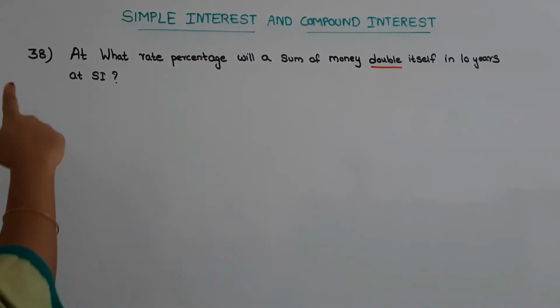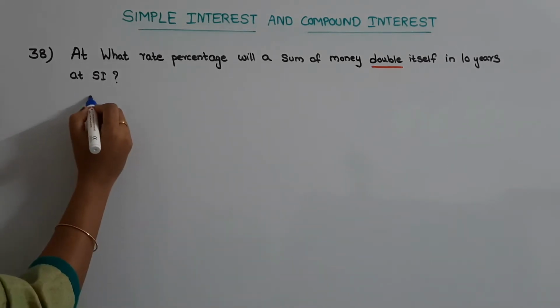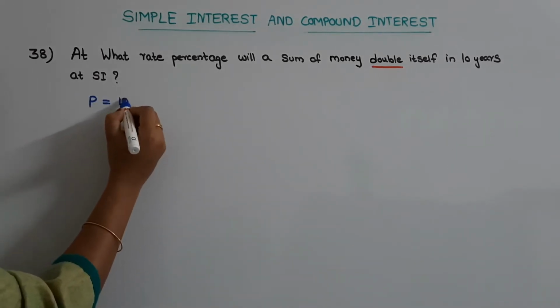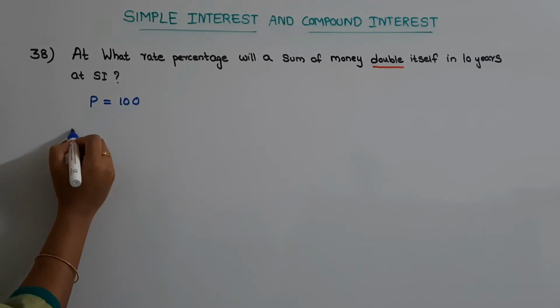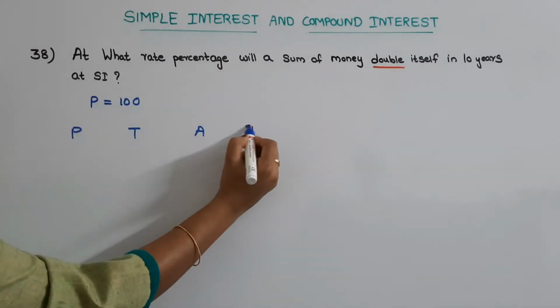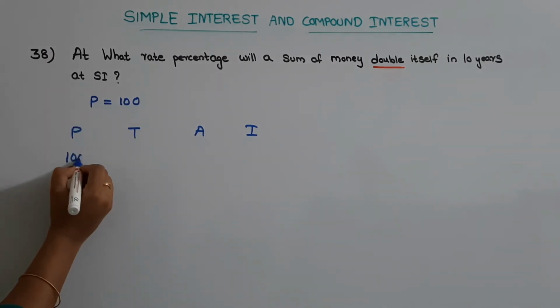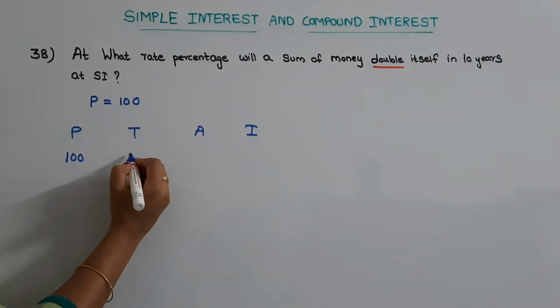In this question they have not given the principal, so let us assume the principal as 100. Now write principal, time period, amount, interest. We are assuming the principal as 100, time period is given as 10 years.